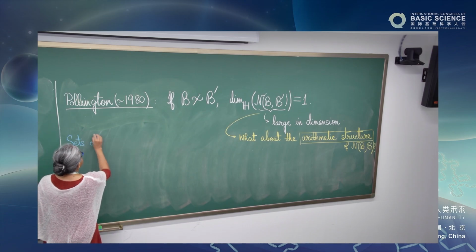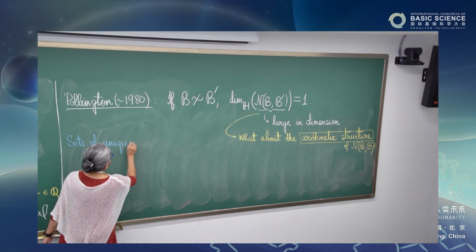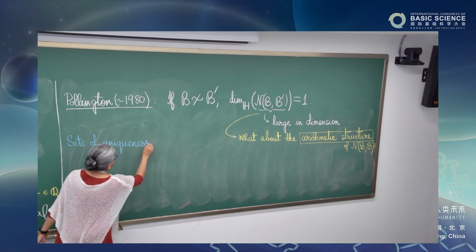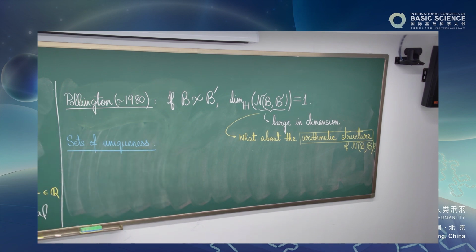These are called sets of uniqueness. You'll see this is another notion of size, not exactly the same as Hausdorff dimension.